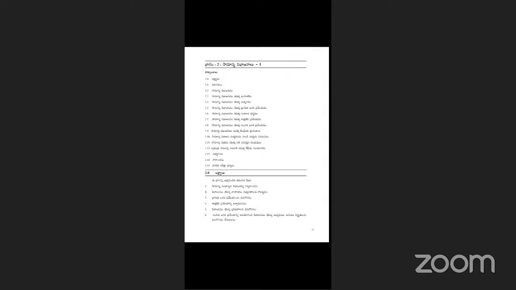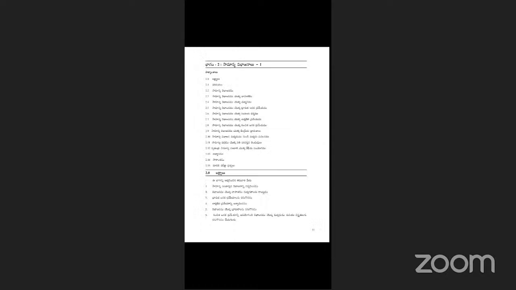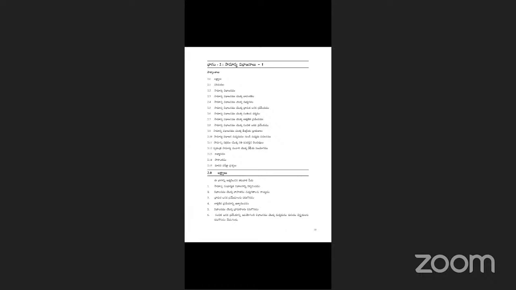This I already explained, the normal distribution 1. In this, I explained mean, moment generating function, moments, and properties. So today I'm going to explain normal distribution 2.